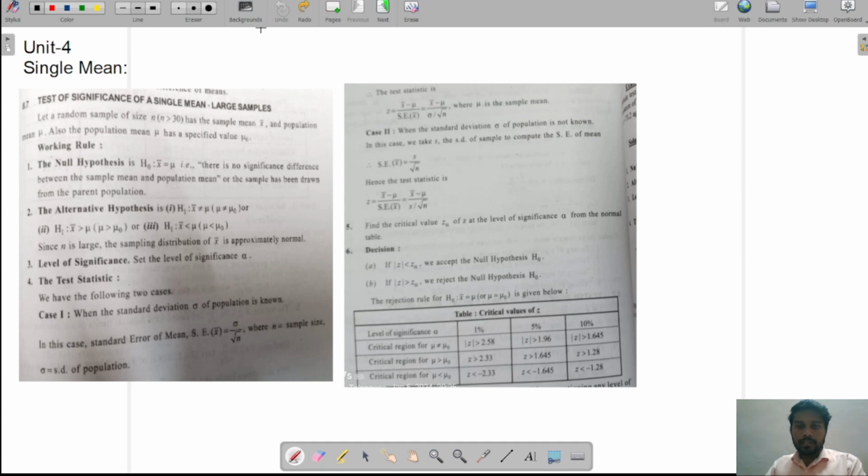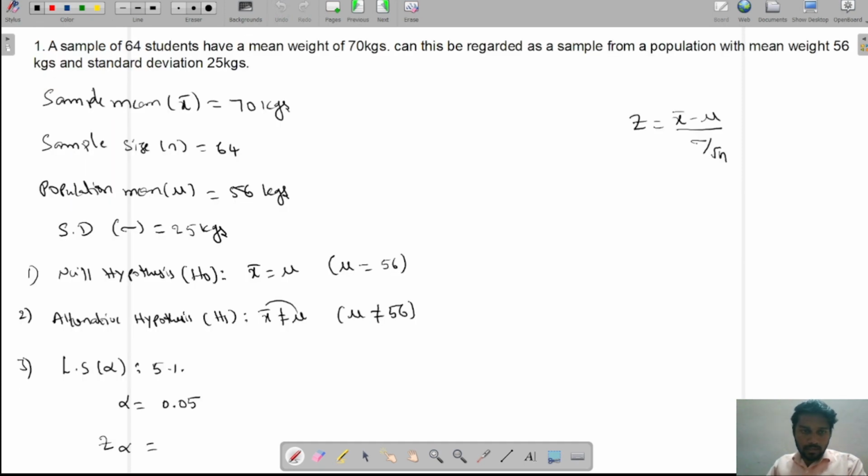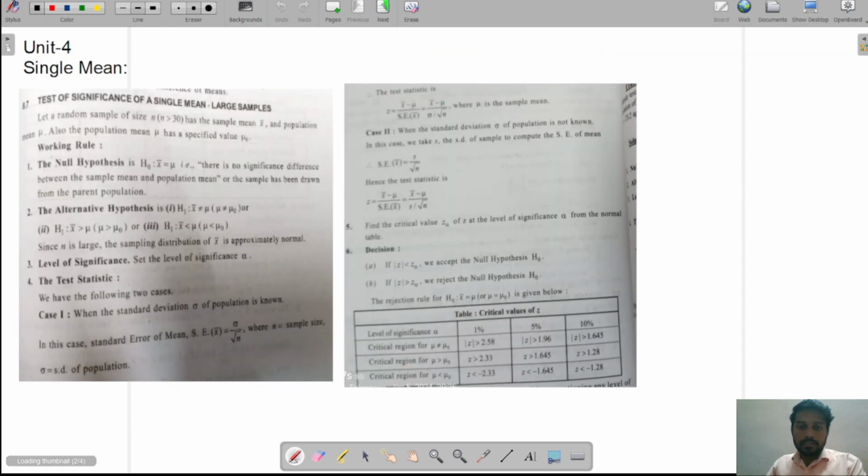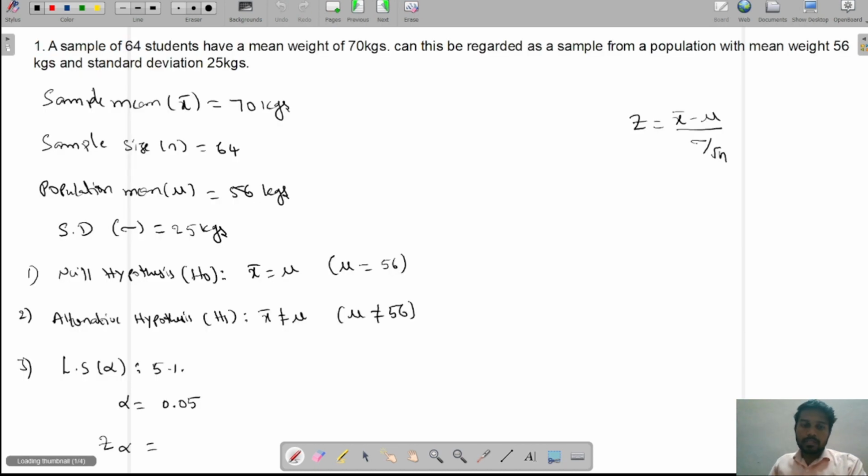Did you take in the alternative hypothesis as not equal or greater than or less than? Tell me, what did you take in the alternative hypothesis in the solution? You've taken as not equal, see. So then we have to consider the value of not equal row, critical region, nu not equal to nu not. So at nu not equal to nu not, what is the value of z alpha? 1.96.